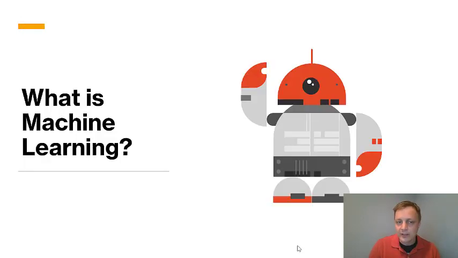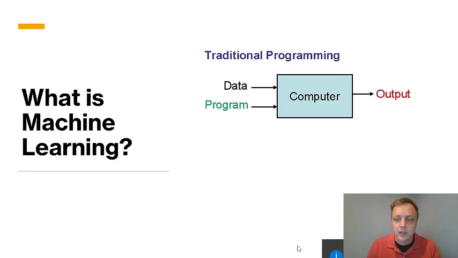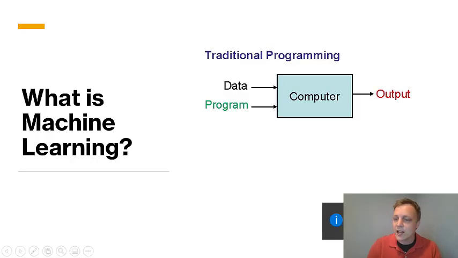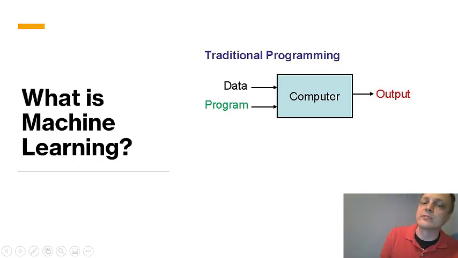So before we dive in, what is machine learning? I'm going to get at this from the big picture point of view, but this is one perspective which I think sort of hits the nail on the head in some ways. So traditional programming, a lot of people have heard of, right? So writing code that performs some sort of task.